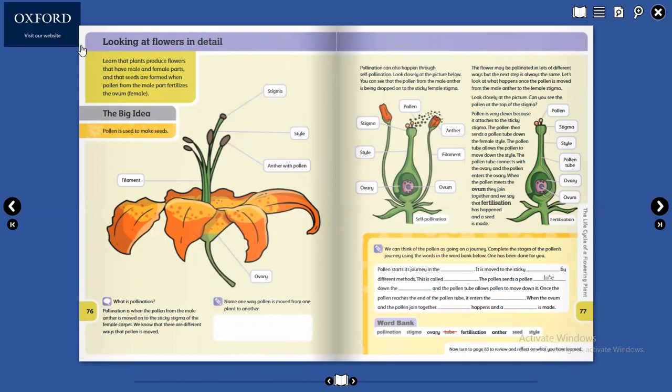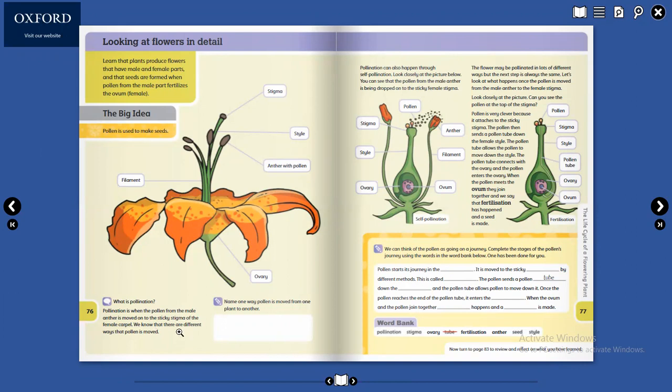What is pollination? Pollination is when the pollen from the male anther is moved on to the sticky stigma of the female carpel.